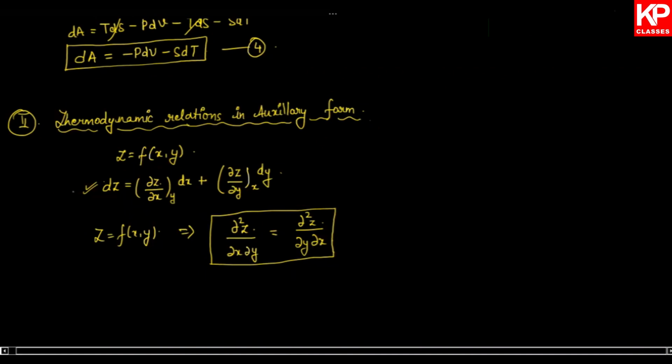What I'm going to do is write it in the auxiliary form. You can directly write dz as M dx plus N dy, where M is nothing but ∂z/∂x, and N is given by ∂z/∂y.